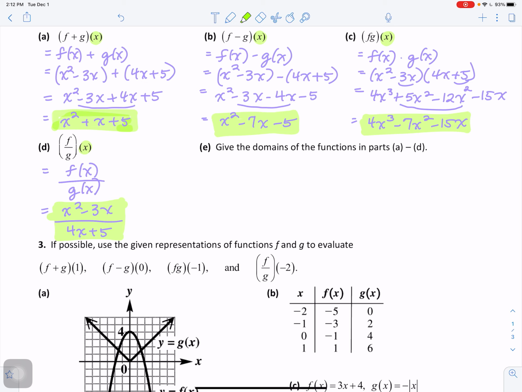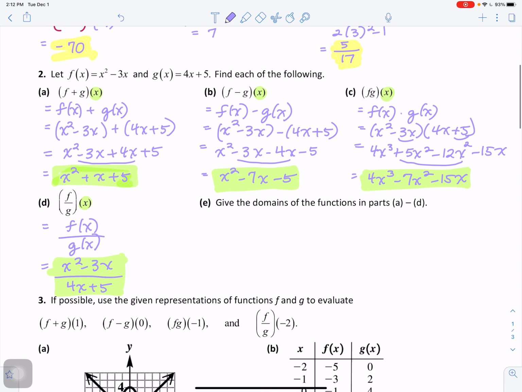Okay, now let's talk about the domains of each one of these combinations. And it's really important to talk about this. Now, in A and B and C, I want you to notice that the domain of f of x, that's a polynomial, and the domain of g of x, that means you can let x be anything you'd like, any real numbers, and it's okay.